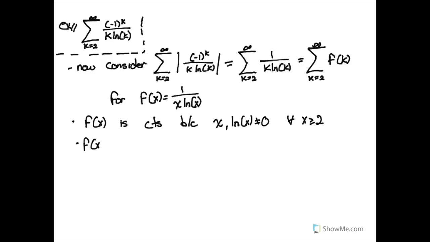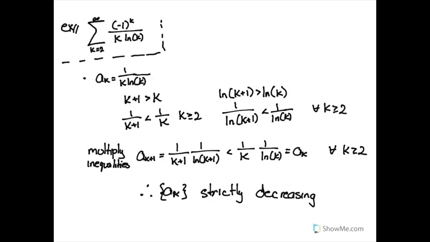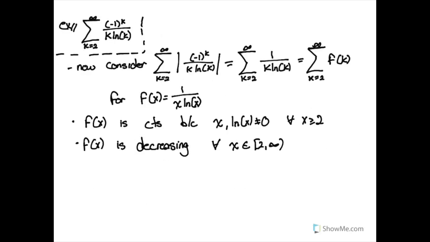Also, f of x is decreasing for all x in 2 to infinity. And the way we see that it's decreasing is actually, I've already shown it here, right? This process here will also work to show that the function is decreasing, even though here it's just used for integers. So that's how you show it's decreasing.